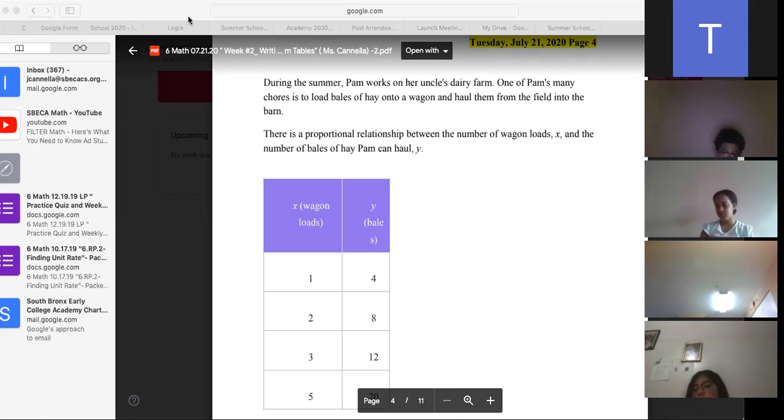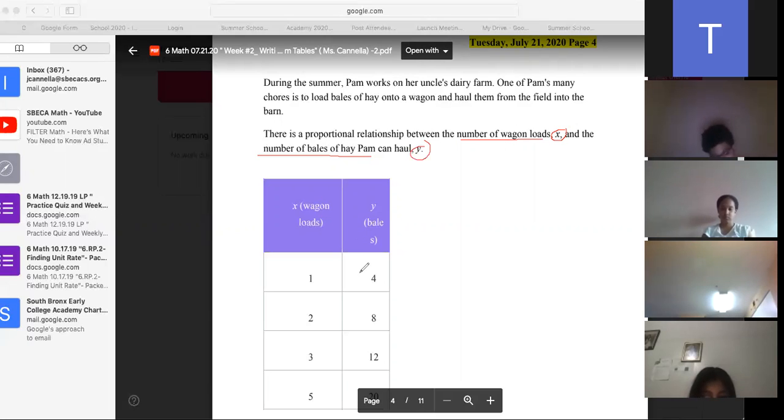One of Pam's many chores is to load bales of hay into a wagon and haul them from the field into the barn. There is a proportional relationship between the number of wagon loads X and the number of bales of hay Pam can haul Y.